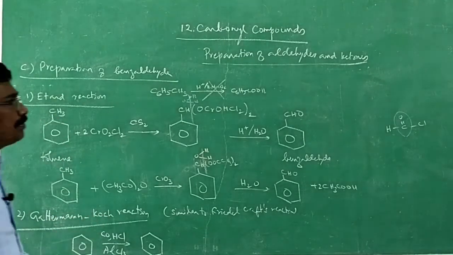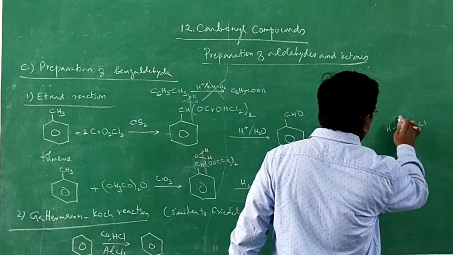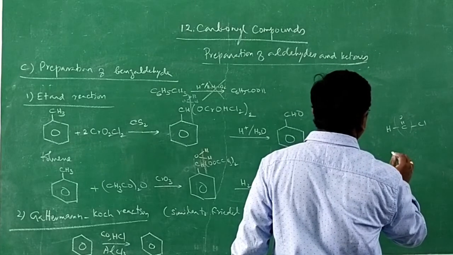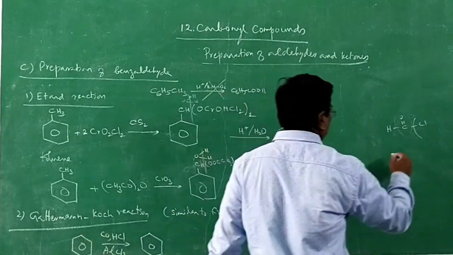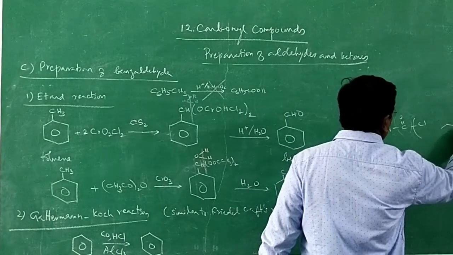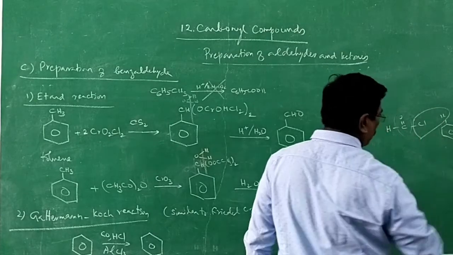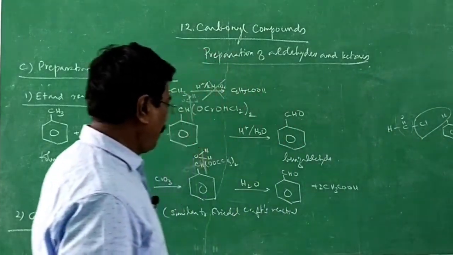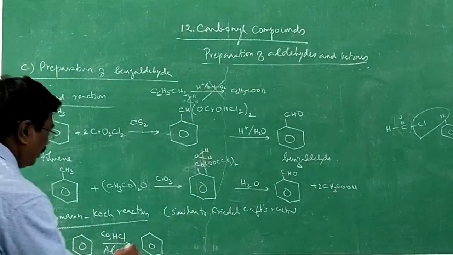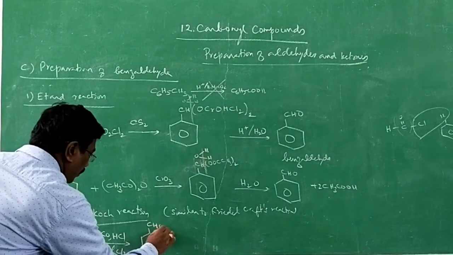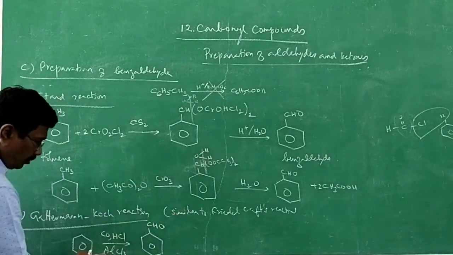When that formyl group is added, carbon monoxide and HCl becomes formyl chloride. The chlorine gets combined with a hydrogen of benzene. Each carbon has hydrogen, one hydrogen gets combined with chlorine to become HCl. And therefore, HCl is getting eliminated to give aldehyde. Usually, for Friedel-Crafts reaction, we use aluminum chloride.